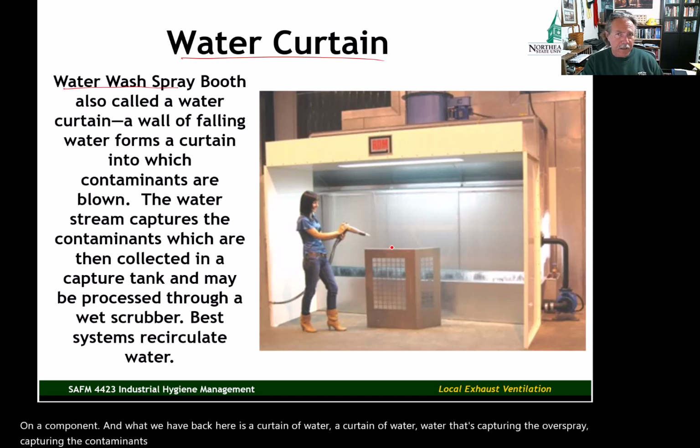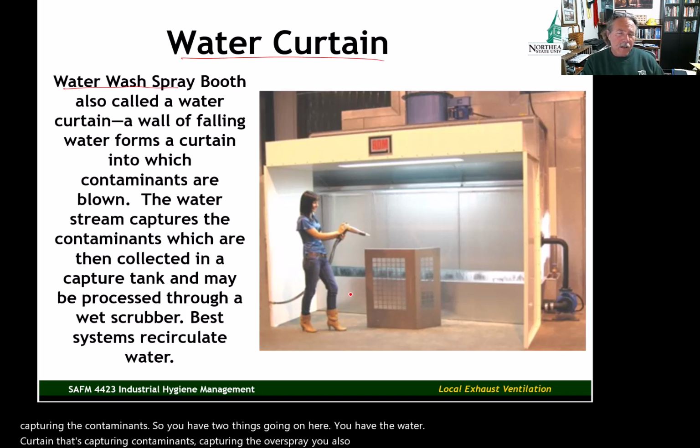So you have two things going on here. You have the water curtain capturing contaminants, and you also have conventional air movement or air ventilation systems that are capturing contaminants.